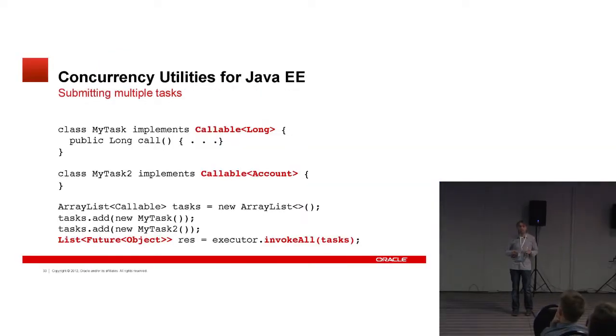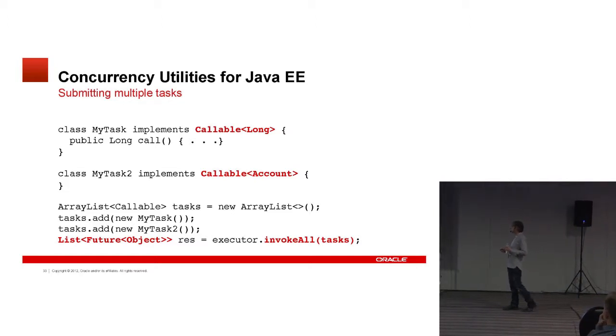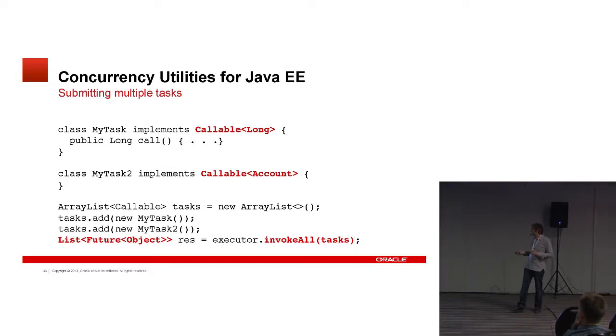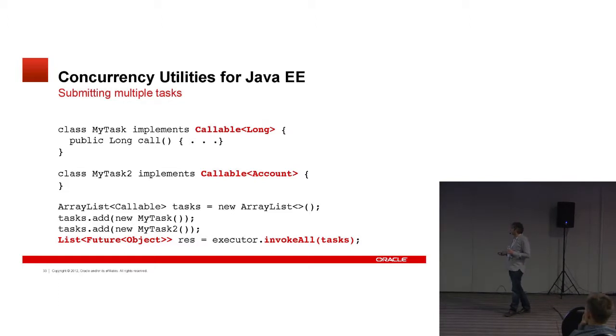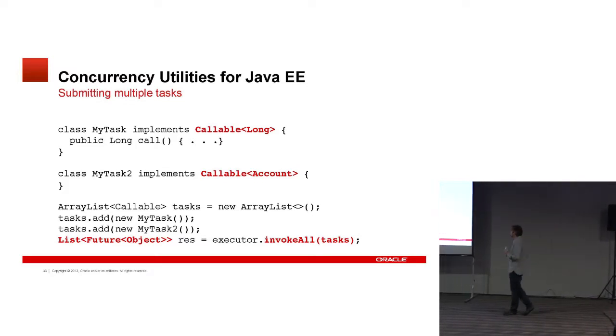Obviously, I'm not limited to one single task. Here I'm doing exactly the same thing, except that I have two tasks, and those classes are using the Callable interface. So those tasks can return results. I'm doing exactly the same approach, submitting all my tasks to my executor service. And I get back a list of Future objects that I can use, again, to check the status of the execution of those tasks, but also to get the results back.